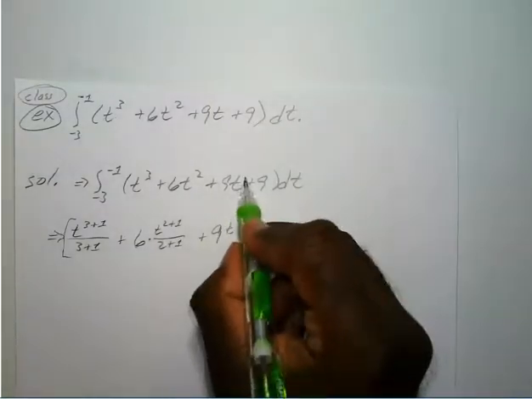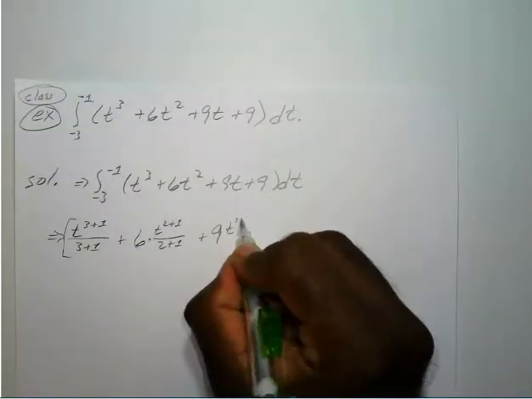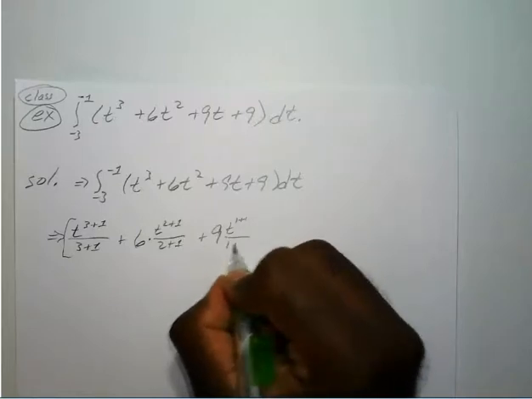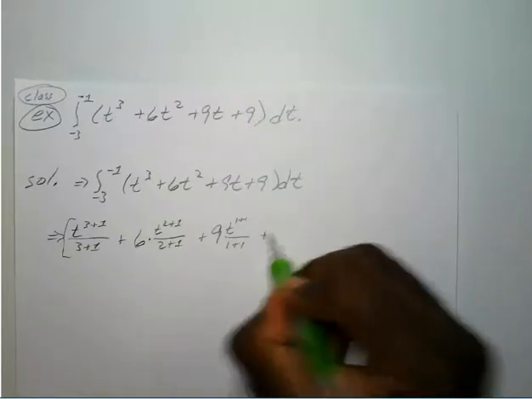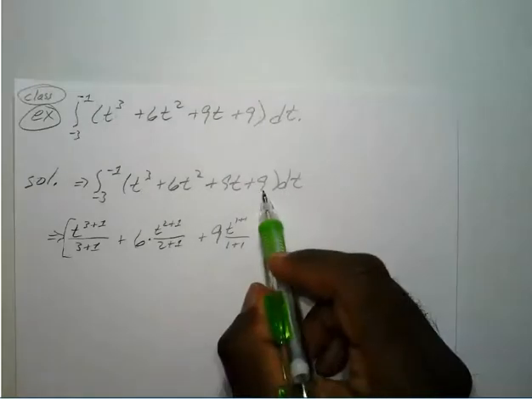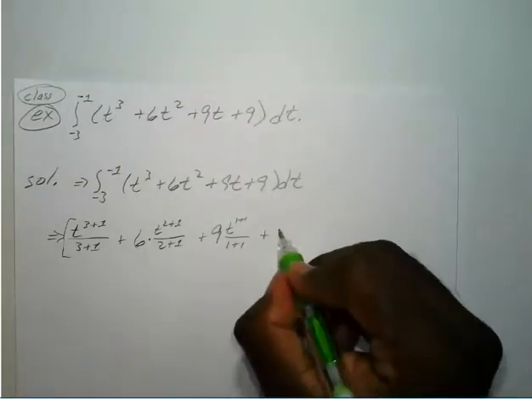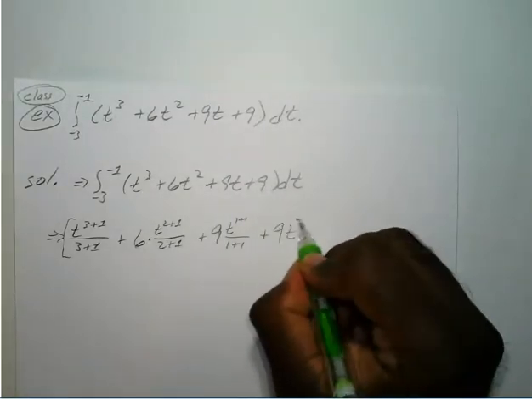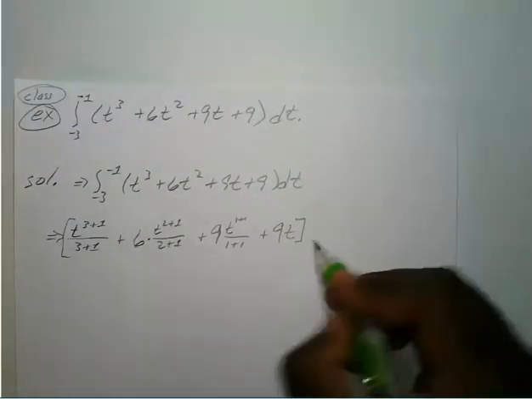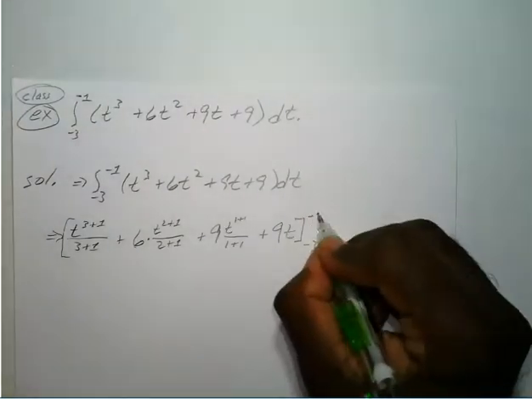Remember, that's just t to the first power, so you have t to the 1 plus 1 over 1 plus 1, plus the integral of a constant, which in this case is just 9t. And that's from -3 to -1.